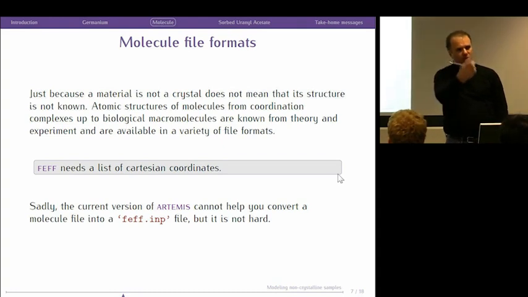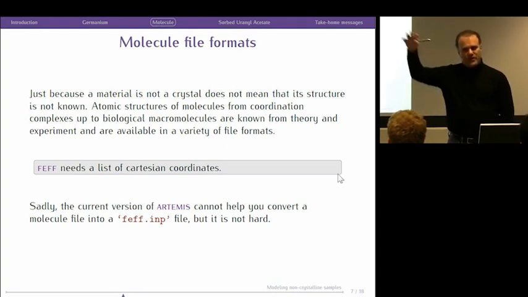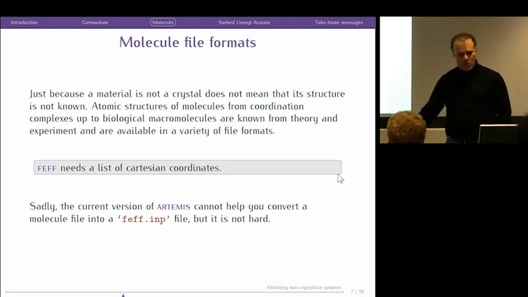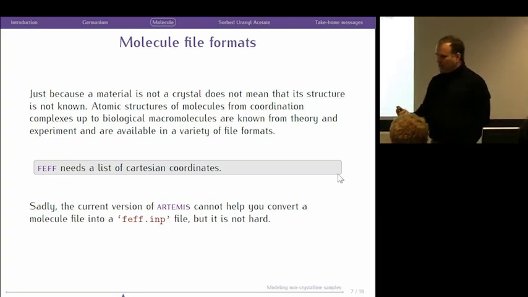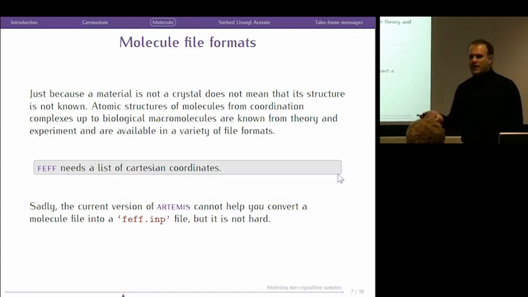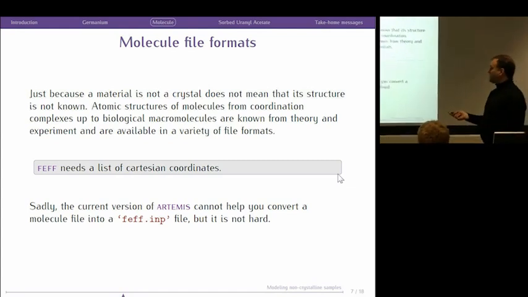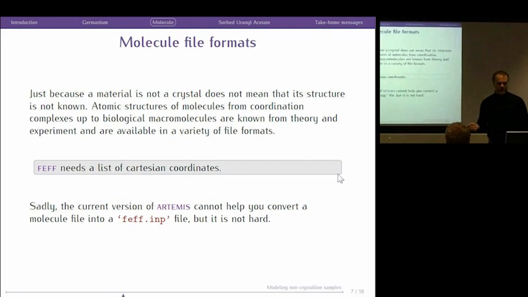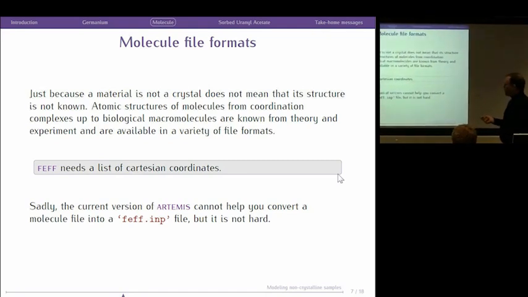That is, if you have crystal data, it's easy to turn it into that list of atomic coordinates. But the point is that the input to Feff is not crystal data. The input to Feff is a list of Cartesian coordinates. That's what Feff wants. Feff doesn't know anything about a crystal. It knows about a cluster of Cartesian coordinates.